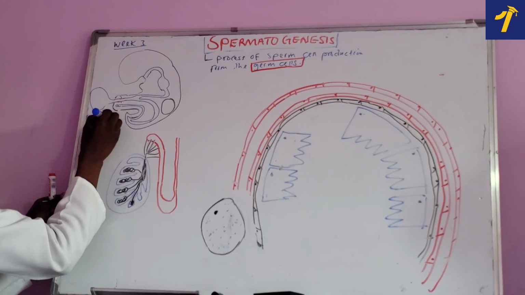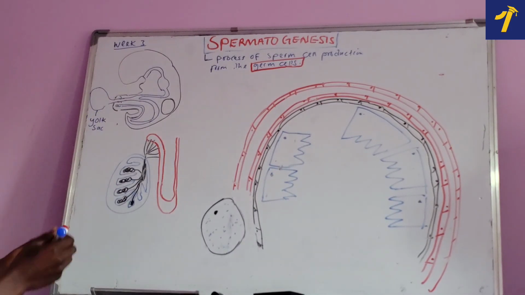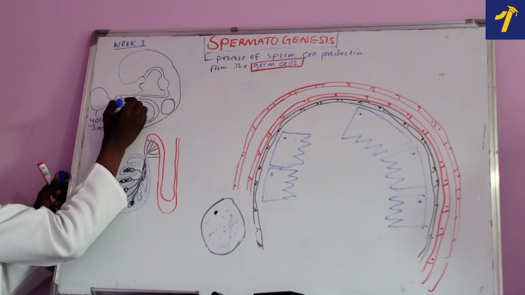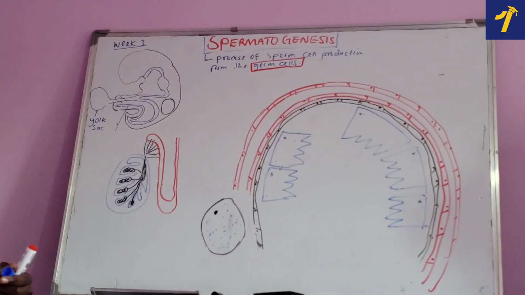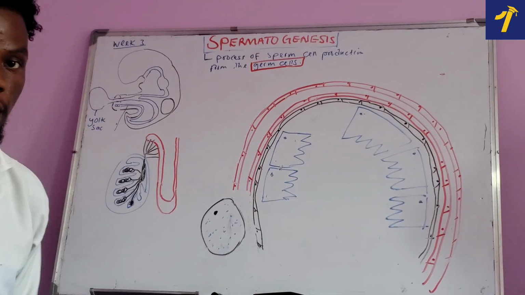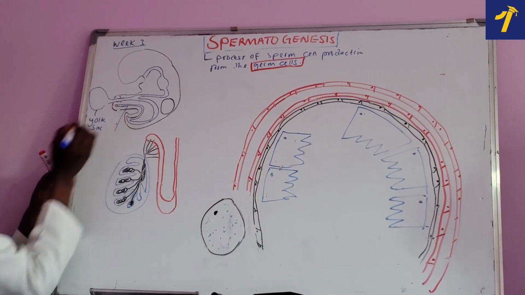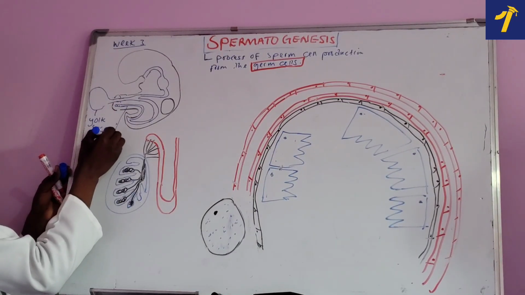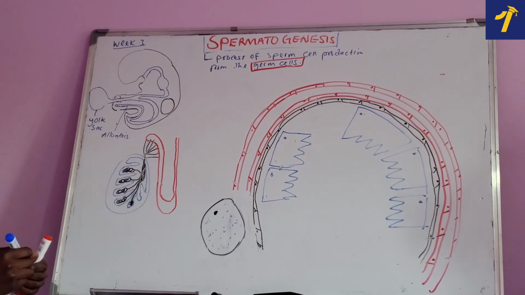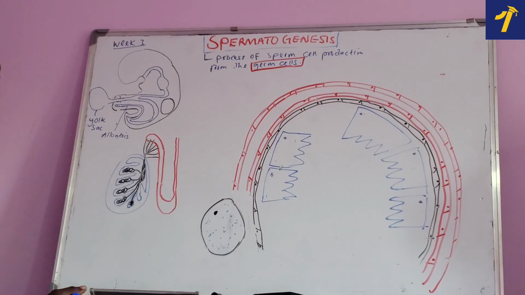Then I'm just going to put the important structures that are going to help us understand spermatogenesis. Another structure, as you can see, this tube. This tube is what we call allantois, and we'll look at the importance of that.